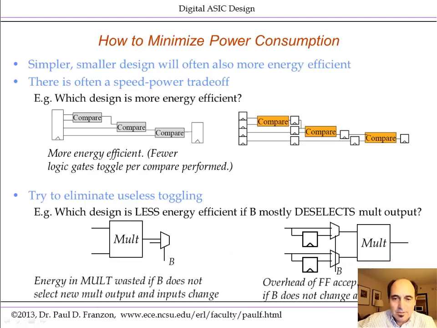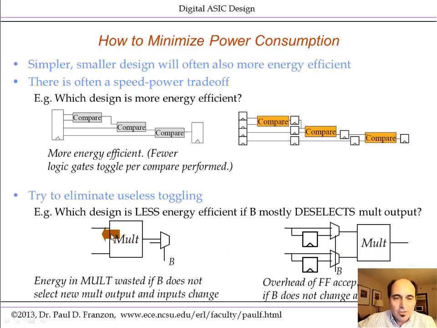Well, it turns out the logic structure on the right is more efficient, because by using B to prevent the inputs from changing, we're preventing internal toggling when we don't want to use the multiplier, and that is what is consuming the energy.